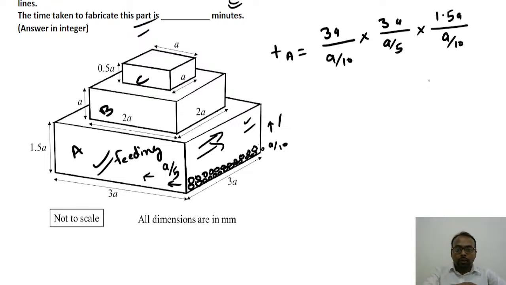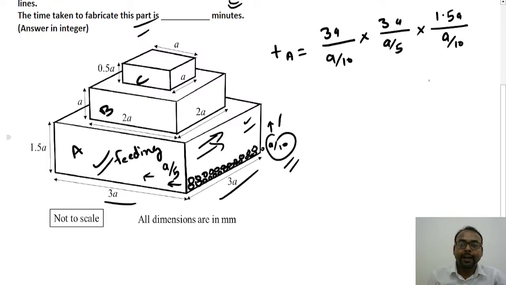So this is how we will cover the entire material. This is how we will deposit this. First of all, we deposit one layer, and this layer is deposited as 3a into 3a. Each of these 3a distances is covered in steps of A by 10 length, and each length is covered in steps of A by 5 length, right?